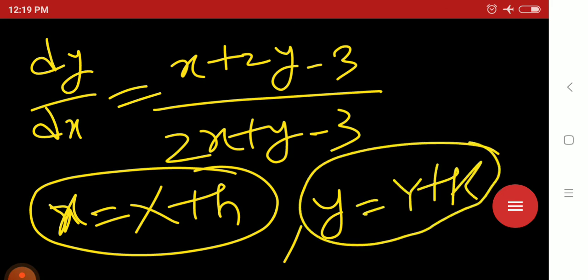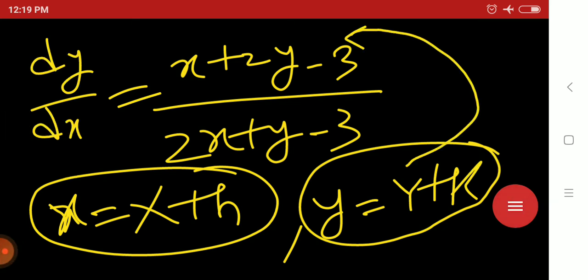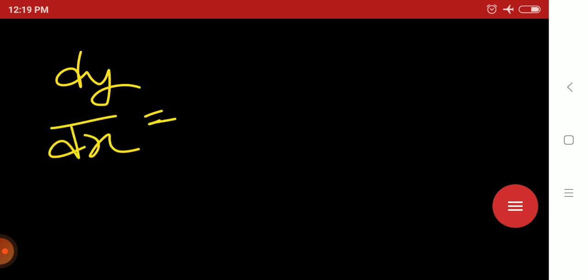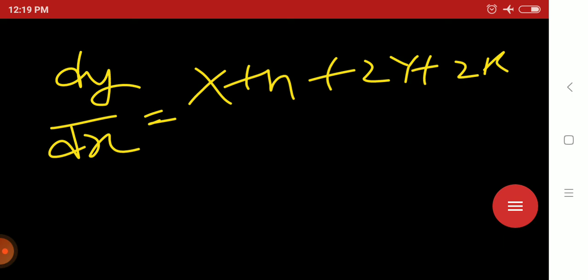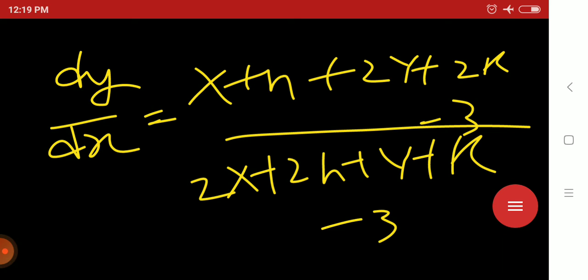After putting these two terms in the equation, you will get dy by dx equals capital X plus h, plus 2 into capital Y plus k, that is 2Y plus 2k, minus 3, divided by 2X plus 2h, plus Y plus k minus 3. You are getting this.